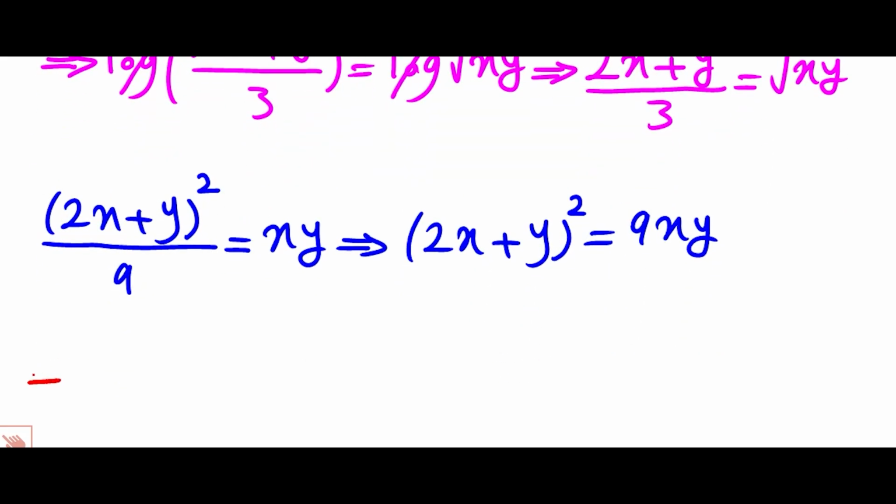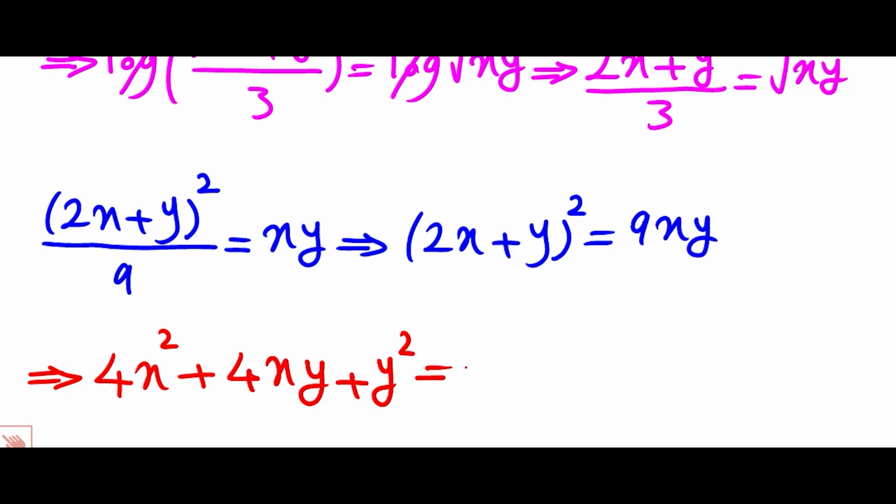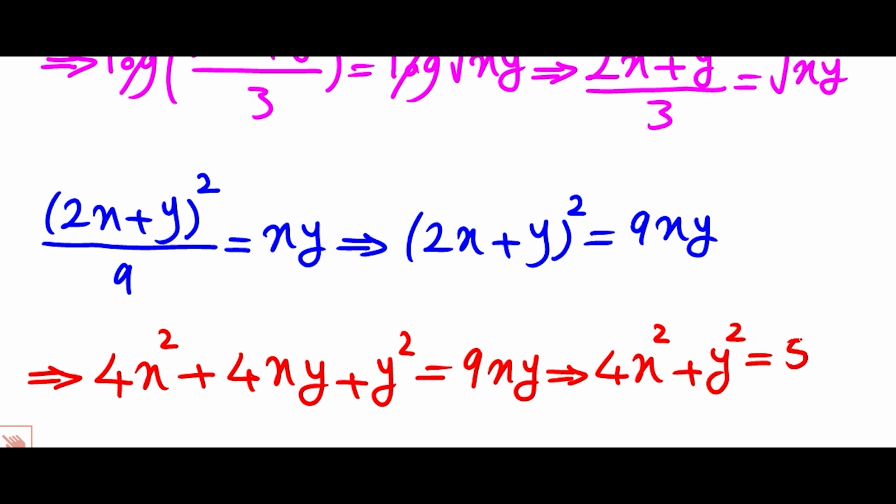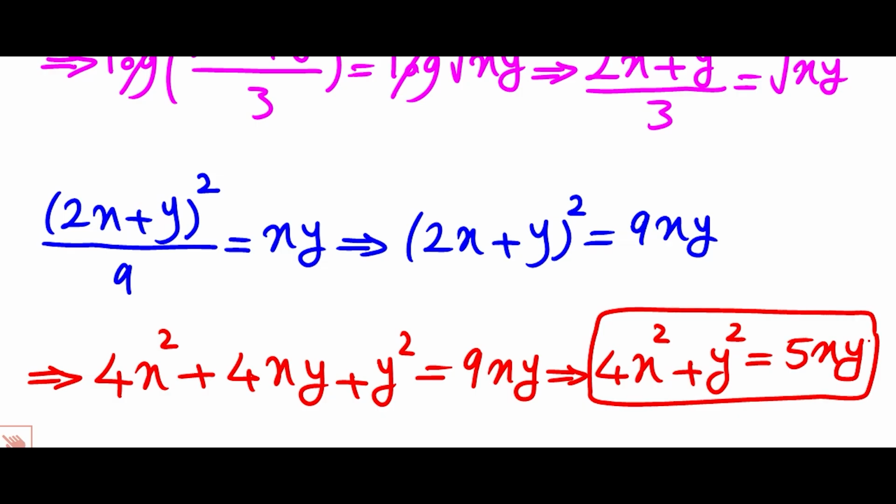We have 4x squared plus 4xy plus y squared equals 9xy. Now subtract 4xy from both sides. We have 4x squared plus y squared equals 5xy. And the final answer is this.